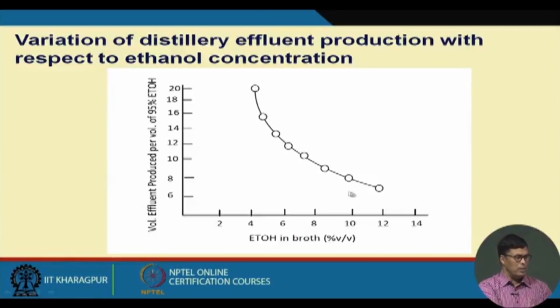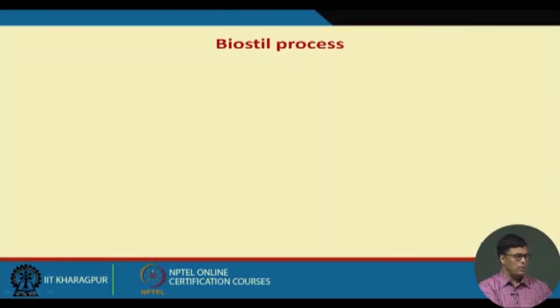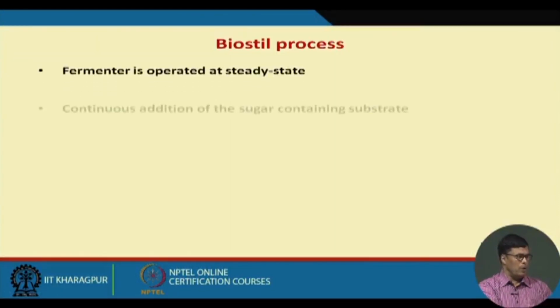Nowadays the ethanol concentration has increased to 14 to 15%, and the volume is drastically reduced. So this is the typical advantage of the efficient fermentation process. Efficient means higher concentration of alcohol production in the fermentation process.